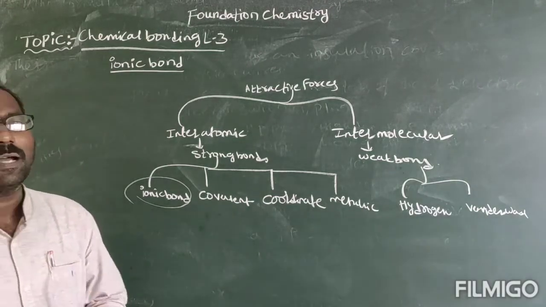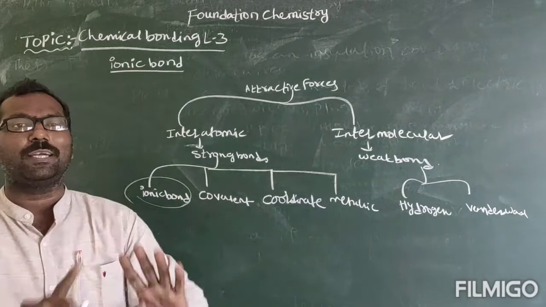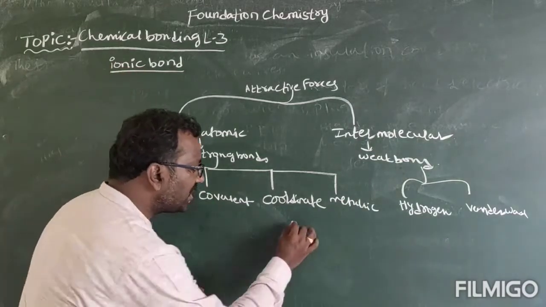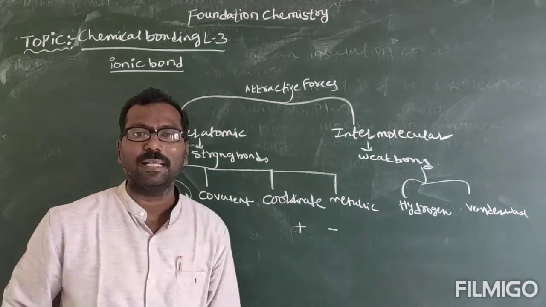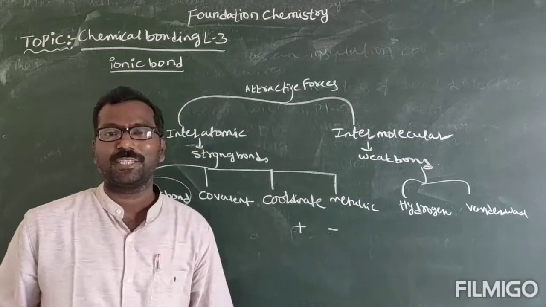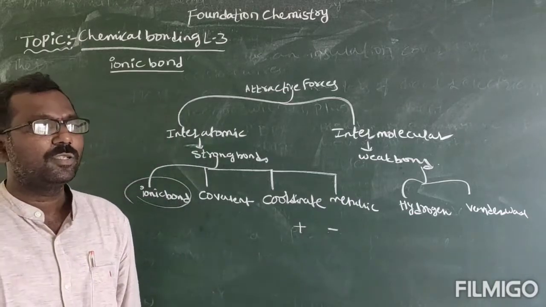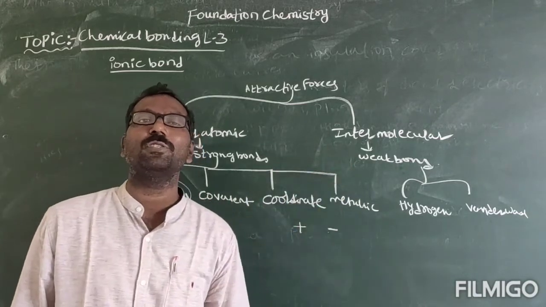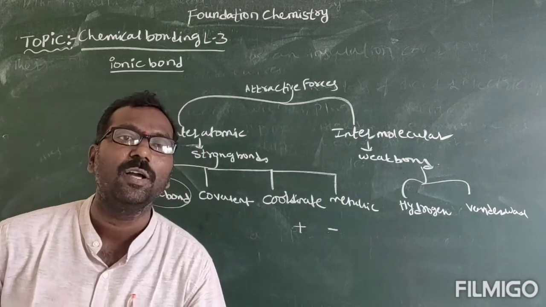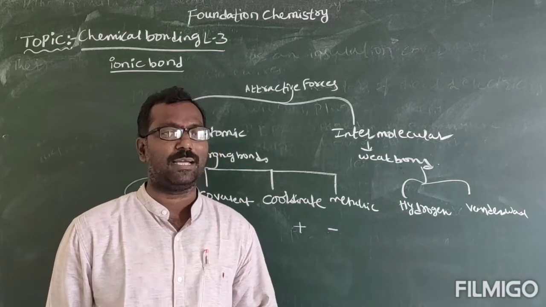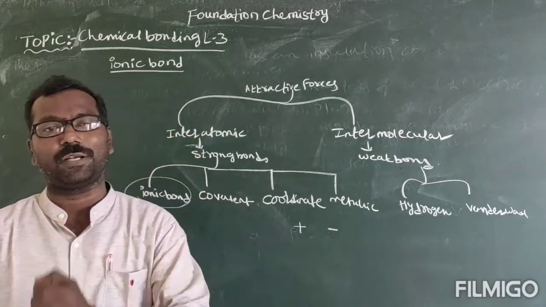An ionic bond is a bond between two ions, one with a plus charge and one with a minus charge. That means there should be some force of attraction. These plus and minus charges, which you studied at base level as cations and anions, attract each other, and the force of attraction between the cation and the anion is the electrostatic force of attraction.